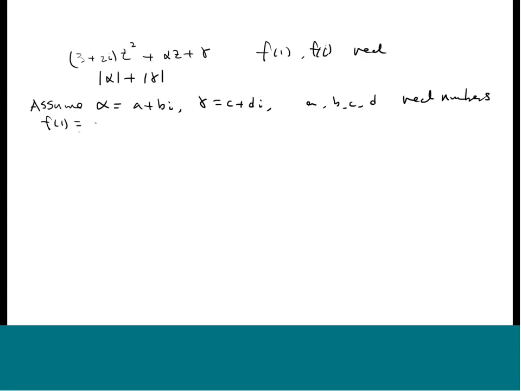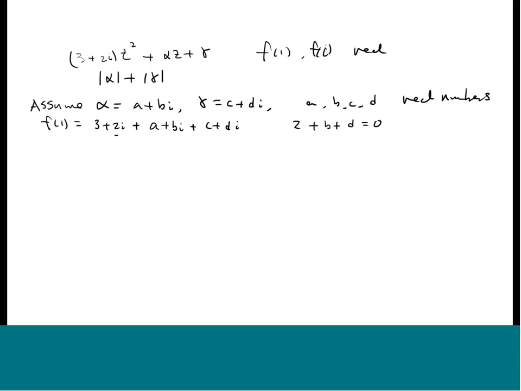now f(1) is real, which is 3 plus 2i plus a plus bi plus c plus di is real. So being real means 2 plus b plus d equals 0.